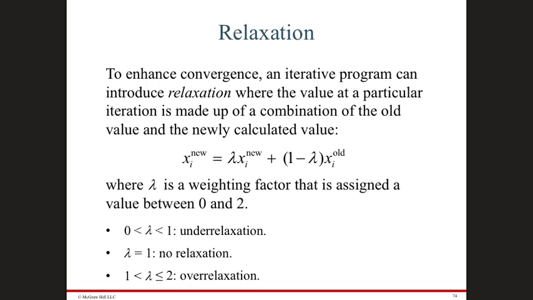You get a new value for x1, and rather than just setting it to that new value, you take it back a little bit to be somewhere between the new value and its own old value. So you don't go immediately to the new one, and that's why they call it relaxed. Interestingly, even though it's relaxation, it actually causes the convergence to be better.